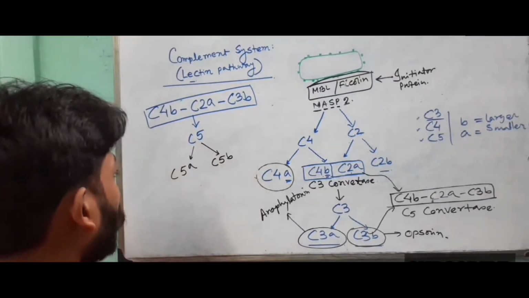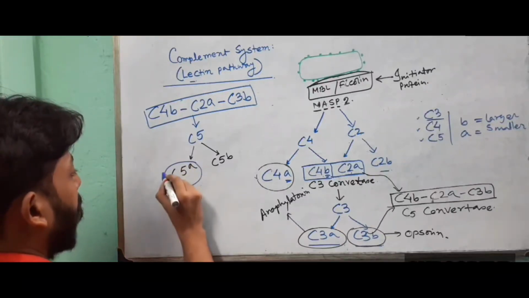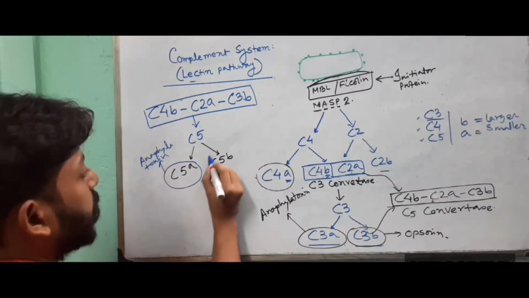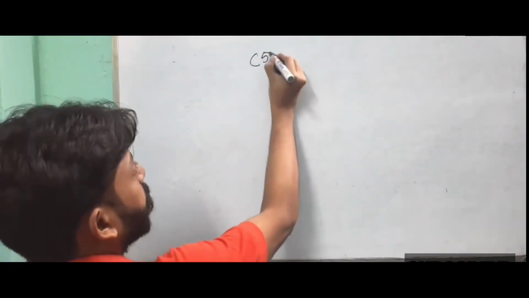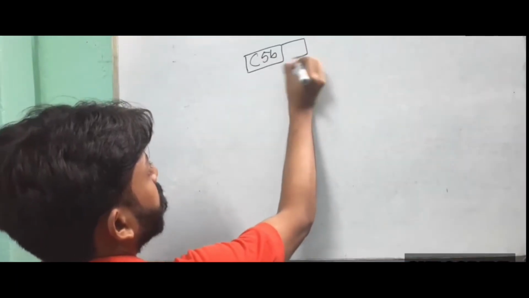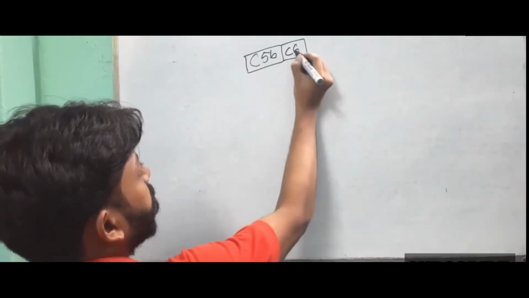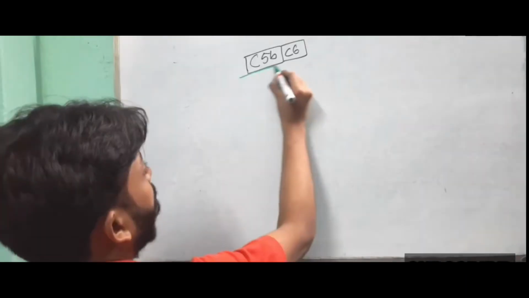Here C5a also acts as an anaphylatoxin and the C5b is now released into the serum. After forming, C5b attaches with C6. Then the C5b and C6 can bind to the bacteria.